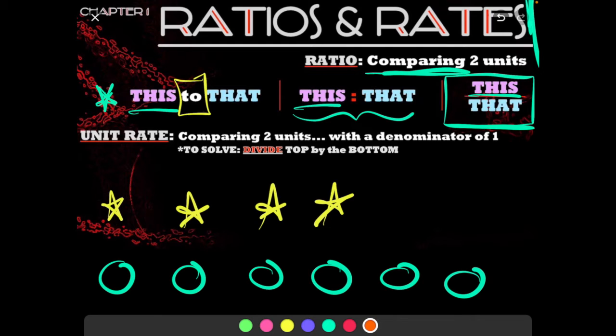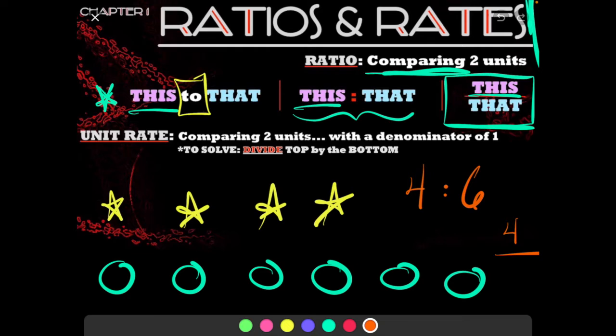Even though you might have it correct, if you're not following the correct order, then you're going to get it wrong. So if they said, what's the ratio of stars to circles? Stars would come first. There are 4 of those compared to the number of circles, which in this case is 6. You can write it like that, or as 4 over 6. Both are correct.